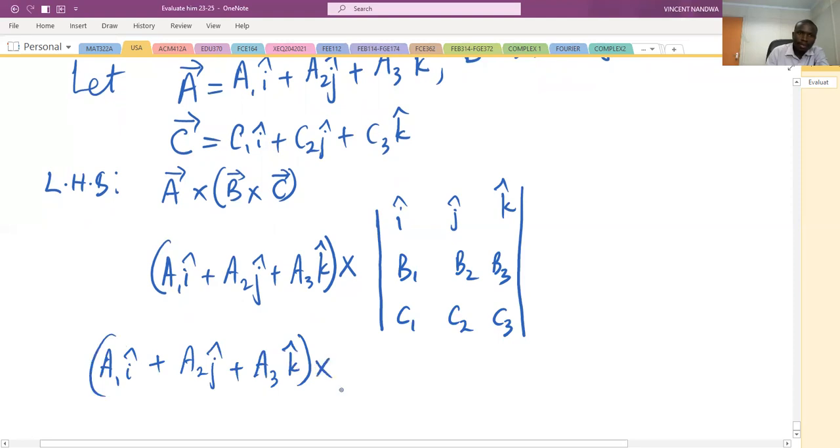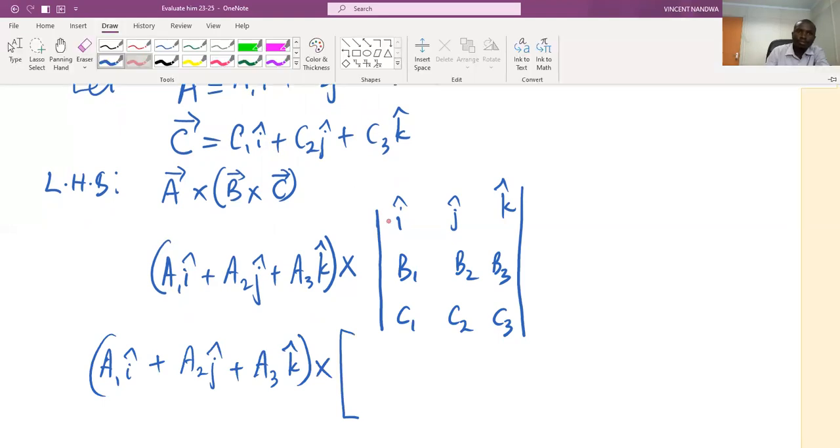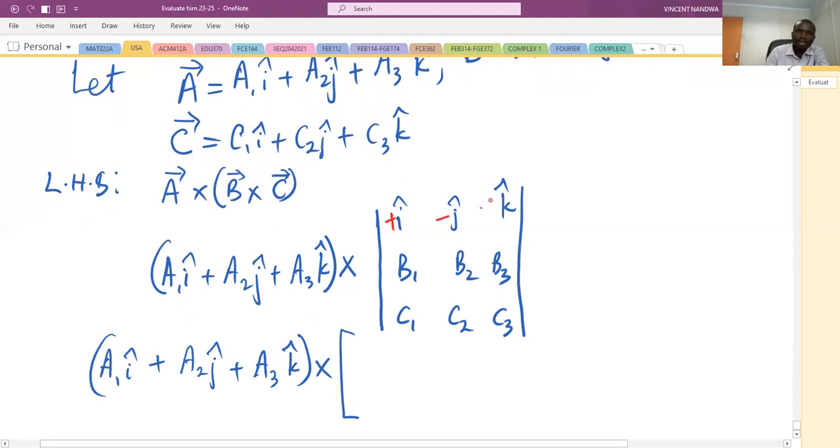We are crossing this with the determinant, and as usual we use expansion by cofactors.